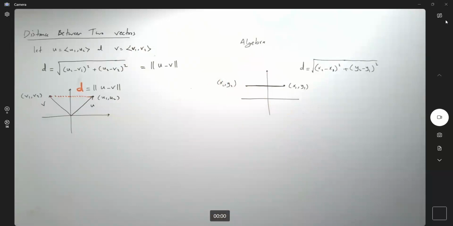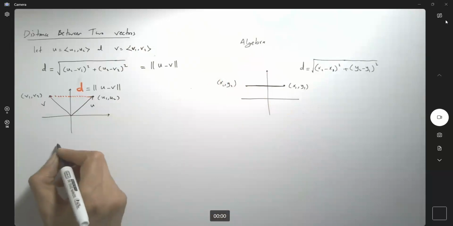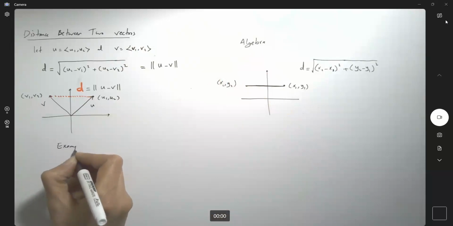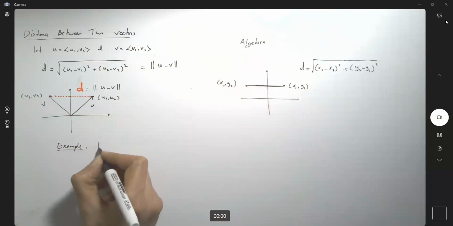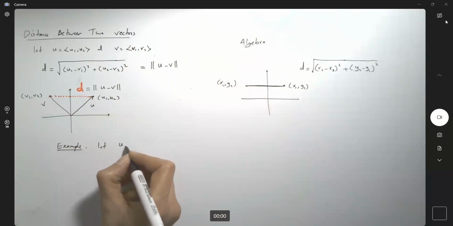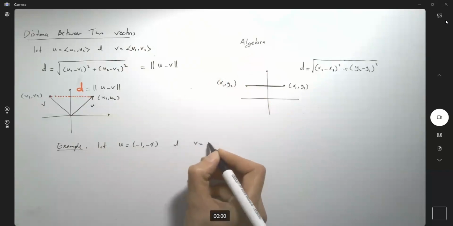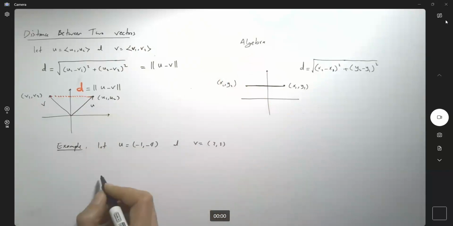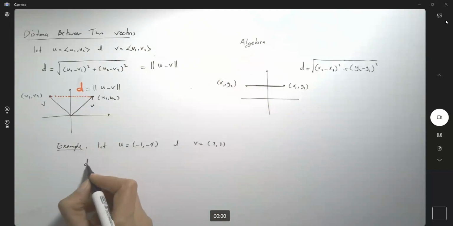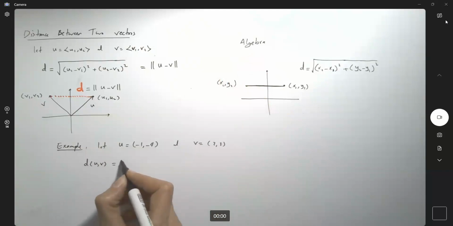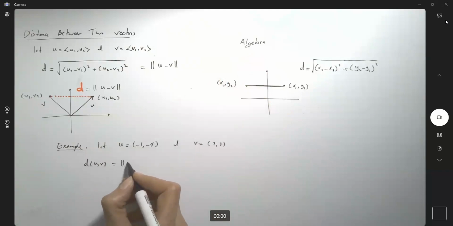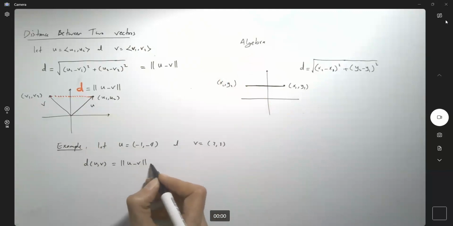Let's go over one example here. Let u be the vector -1 and -4, and v be another vector 2 and 3. Then what is the distance between u and v, or what is the magnitude or the norm of u minus v?